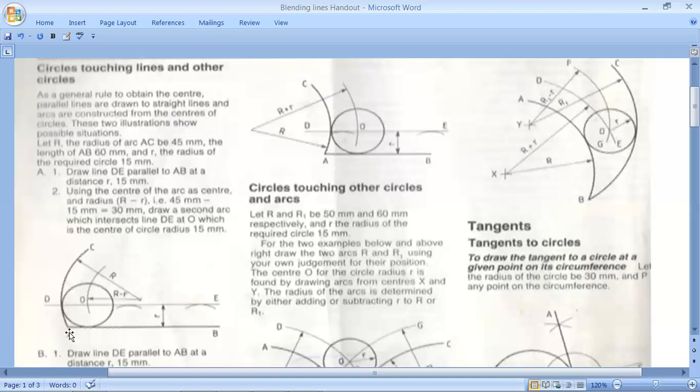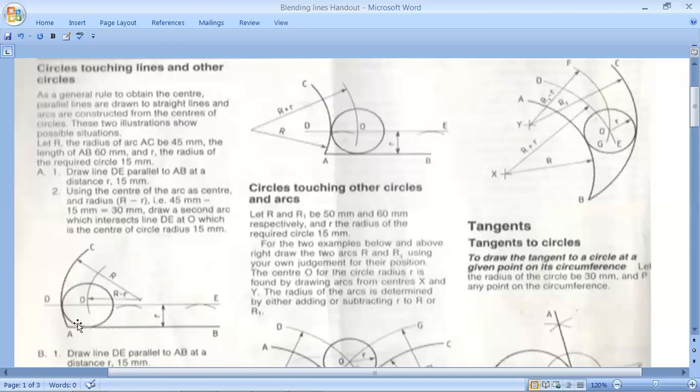For instance, they give you a line AB, and I want a circle touching this arc AC. In order to get a circle touching this line AB and the arc or circle AC, we need to reproduce this line AB at the radius of the circle that we want to create.